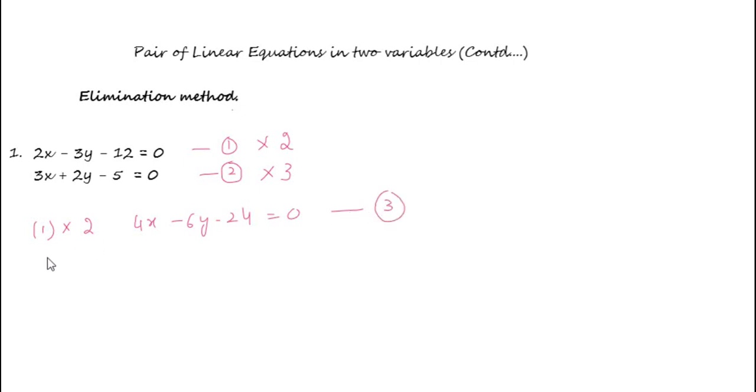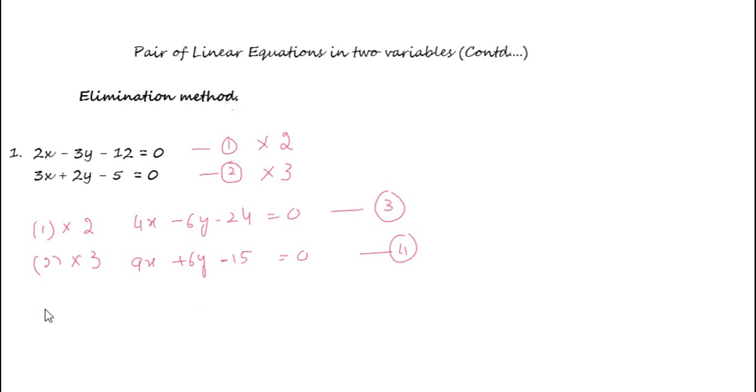Now equation 2 into 3 gives 9x plus 6y minus 15 equal to 0. This is equation 4. Now the coefficients of y in both the equations are the same. Here it is 6, here also it is 6, but the signs can be different.